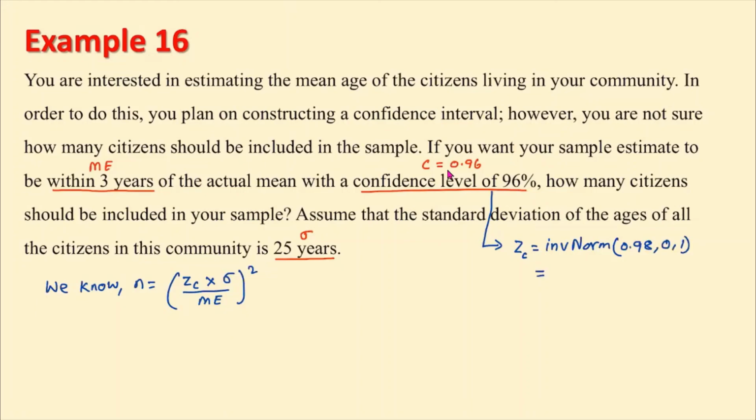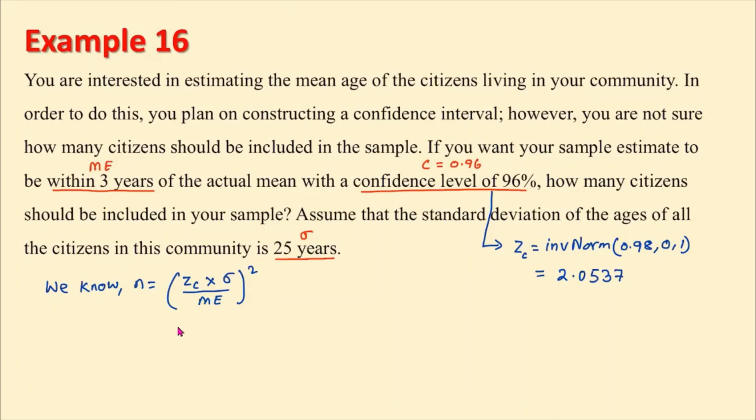If you perform that calculation in your calculator, it will be 2.0537. If you don't follow this, I have shown how to calculate the Z critical at a certain confidence level in examples 1 and 4, so you can go back and watch those two examples. So here, Z critical for 96% confidence level will be 2.0537.